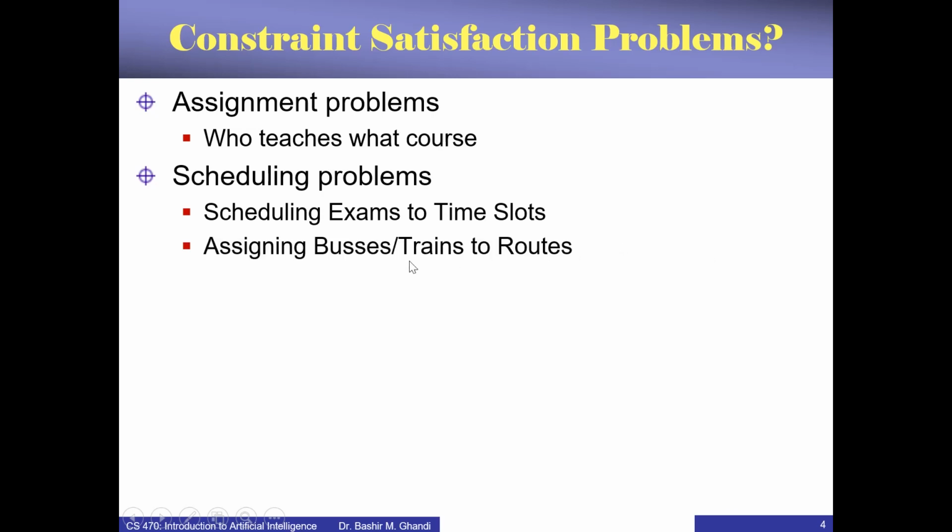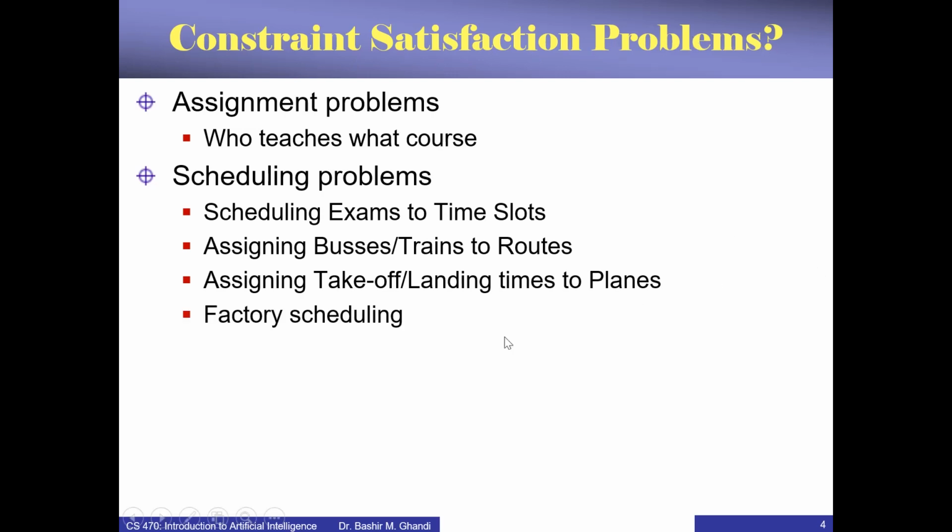It could also include assigning routes to public buses or trains, or even airlines, assigning takeoff and landing times for airplanes in an airport. These are all problems that can be grouped under constraint satisfaction problems.